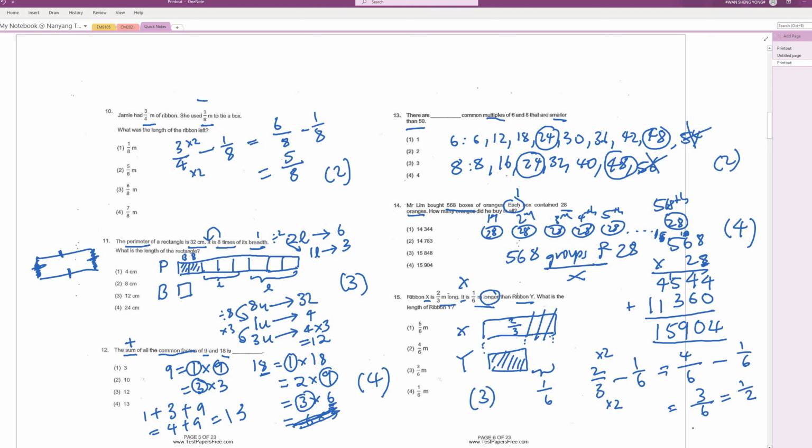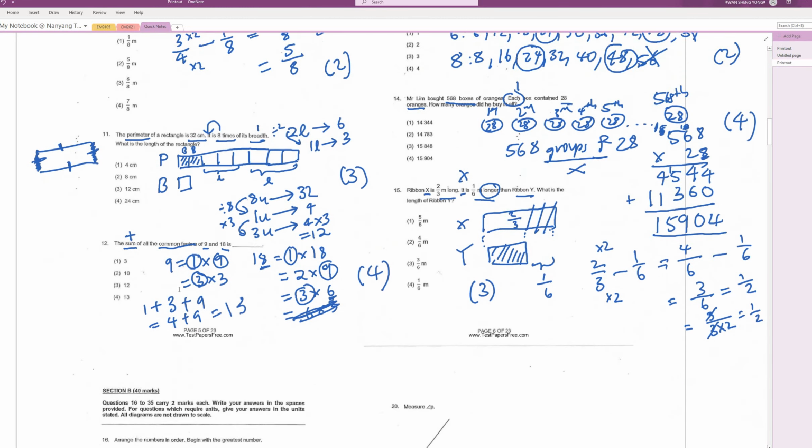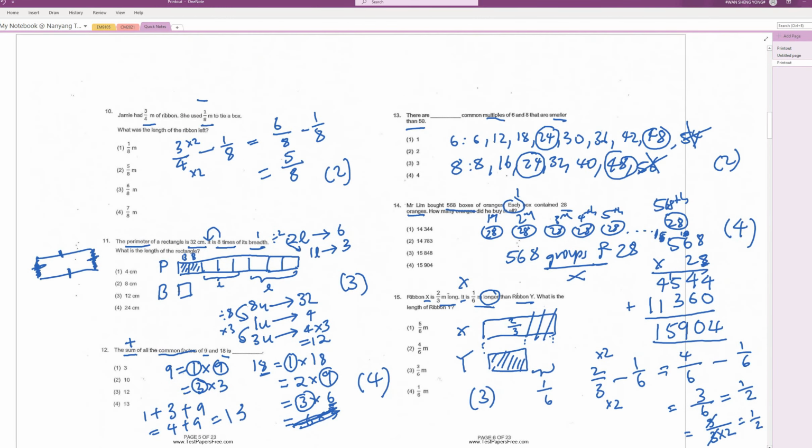We need to check that the numerator 3 is 3 and the denominator 6 is actually equal to 3 times 2. So we can remove the common number 3, and we are left with 1 over 2. Alright, and that is all for this paper.